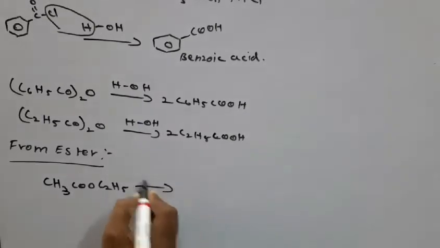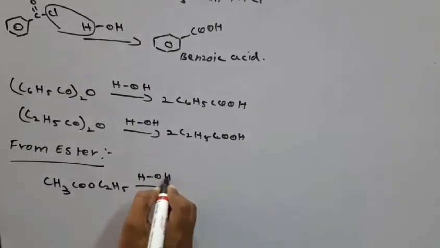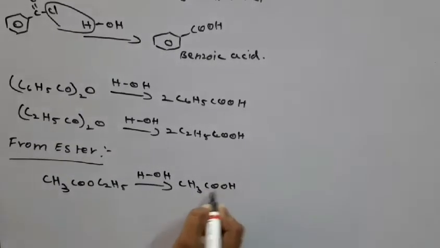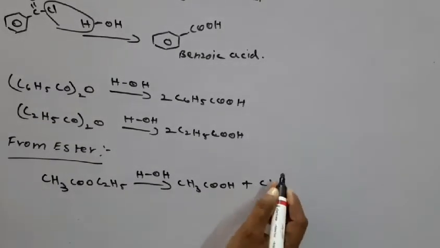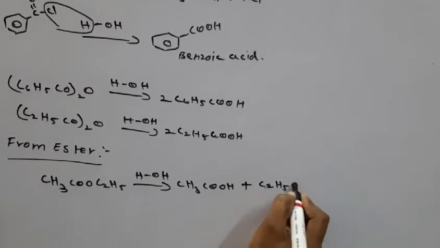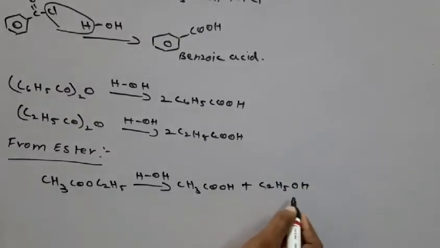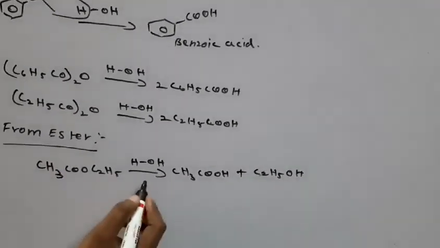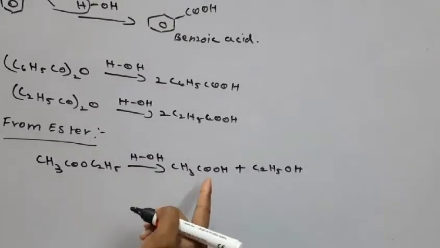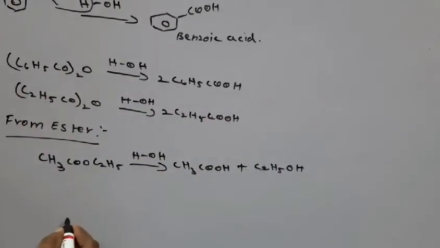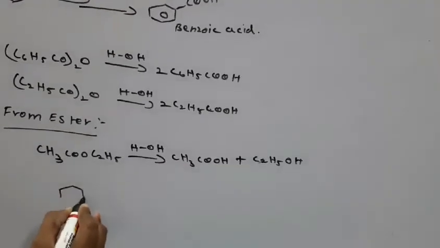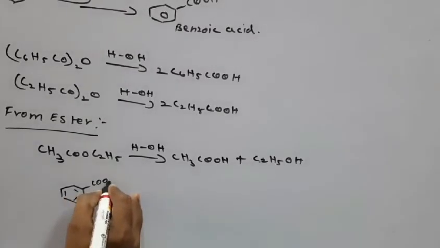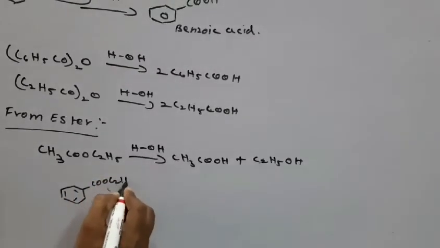This hydrolysis reaction takes place to form two products, CH3COOH, ethanoic acid, plus C2H5OH, ethyl alcohol. So alcohol plus acid: whenever the ester is hydrolyzed it produces two products, acid as well as alcohol. Suppose we take ethyl benzoate, COOC2H5.